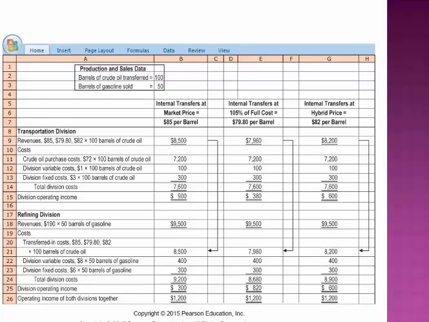We are focusing attention on the effects that these different transfer pricing methods have on the operating income of each one of these divisions. We're going to talk in just a few moments about what the different transfer pricing methods can cause managers to take different actions leading to different total operating incomes. Again, they're going to be evaluated on their performance, and here you can tell what the differences are.